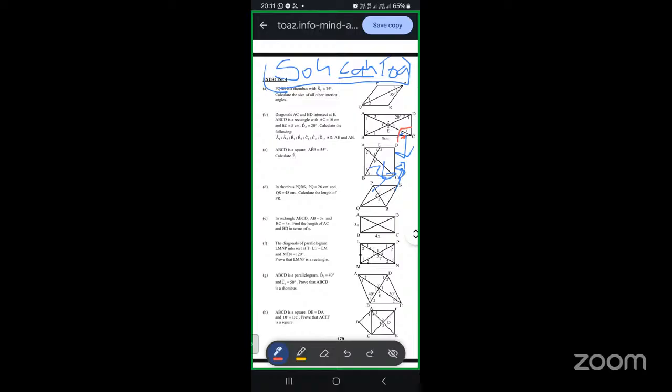Again, you can just use this Z here to find that one as equal to this one and use 90 degrees minus that one that you are having to get this one. And then now you will be done with those ones at the corners.